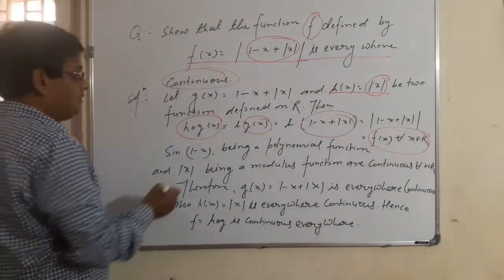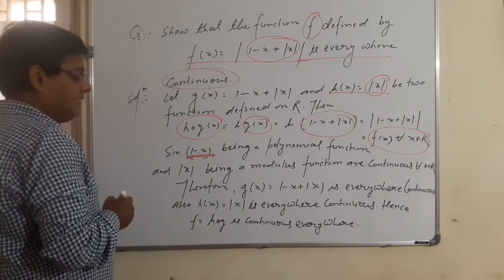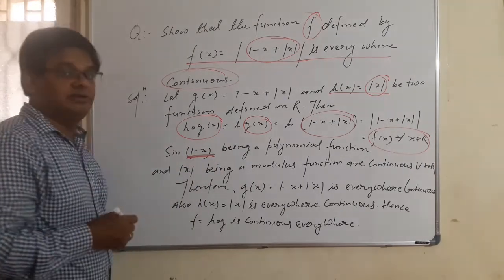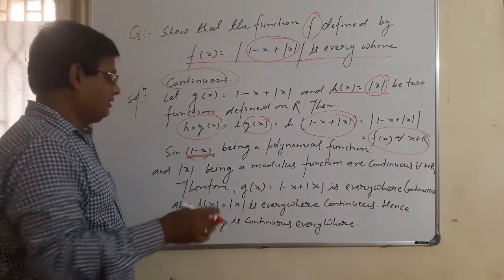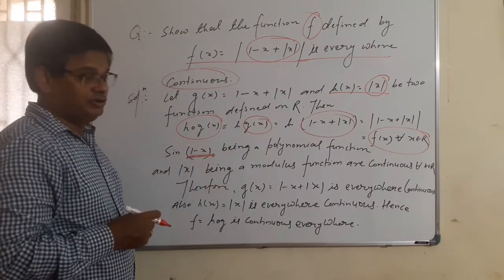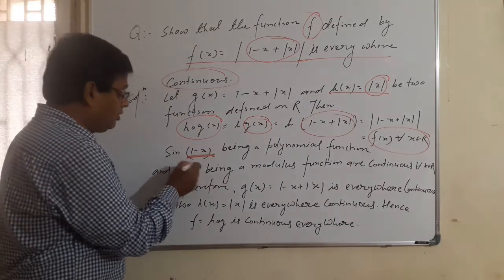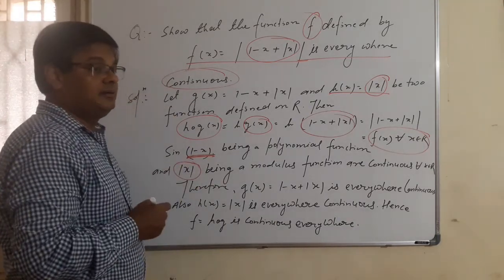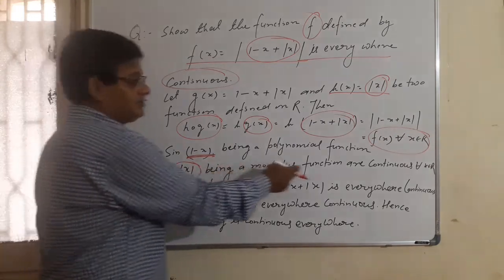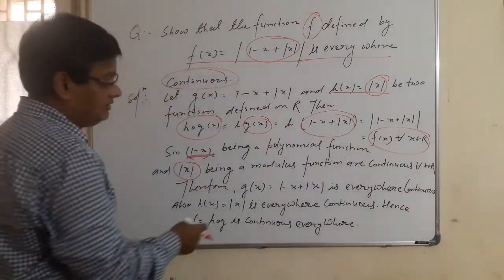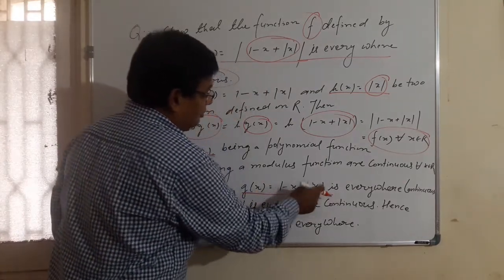So now see here, 1 minus x is a polynomial function. We know that every polynomial function is continuous. So 1 minus x is continuous. And mod of x, we know that modulus function is continuous everywhere. So mod of x is continuous everywhere. Now g(x) is equal to 1 minus x plus mod of x.